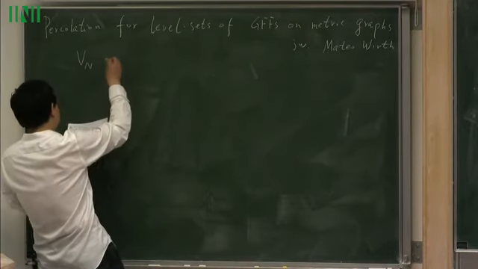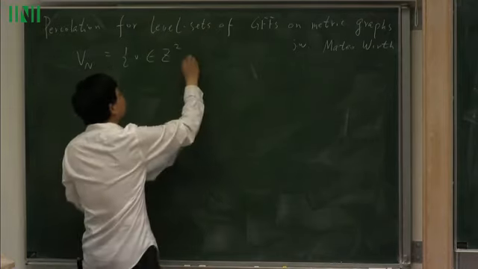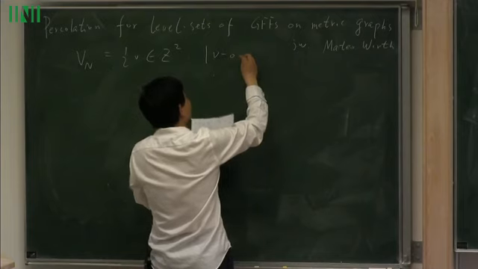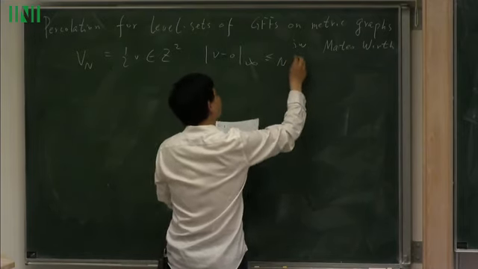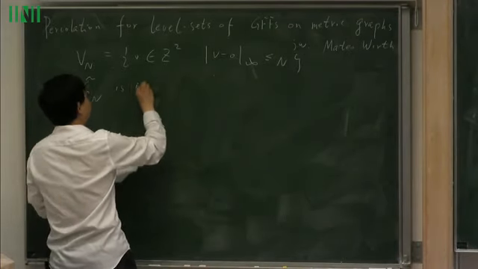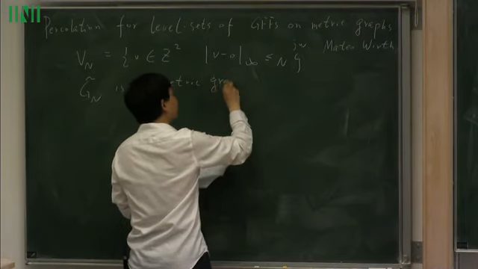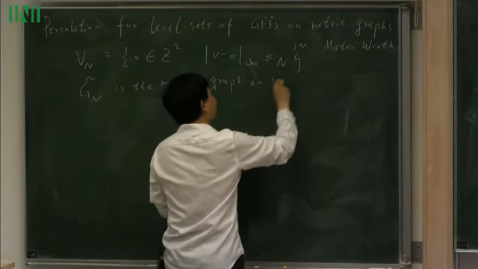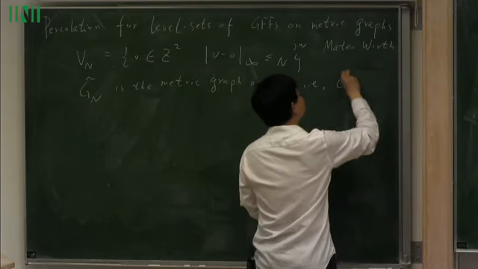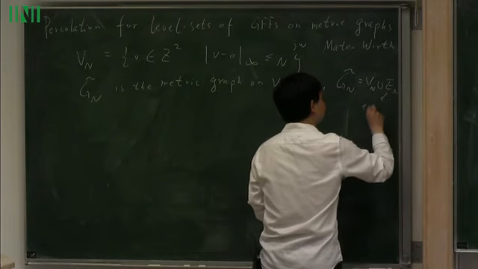So let's denote by V_n a box in Z^2 with side length 2n, centered at the origin O. And let G_n tilde be the metric graph on V_n, that is to say, G_n tilde equals V_n union E_n. E_n here is the edge set.